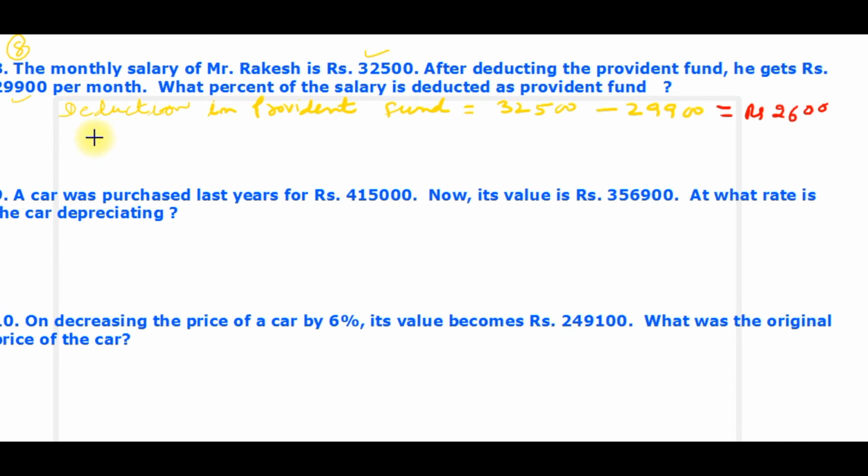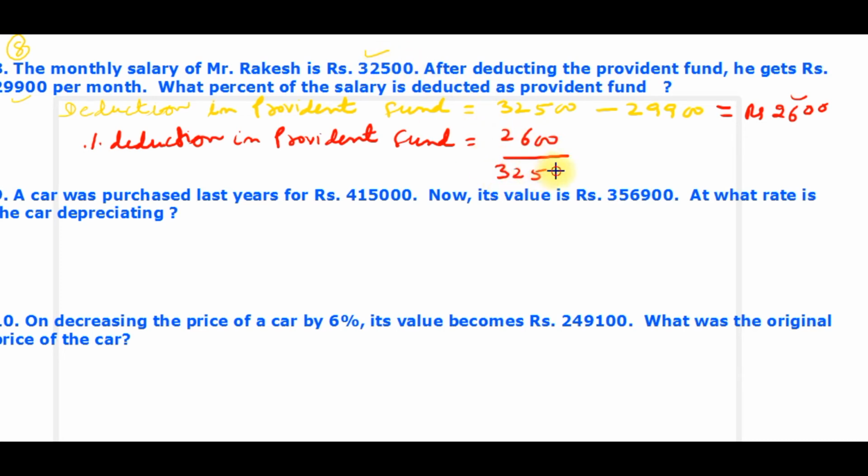Therefore percent deduction in provident fund would be the total deduction upon the salary on which it is made multiplied by 100. The 0s get cancelled. 25 1s are 25, 25 3s are 75, 25 4s are 100, 13 1s are 13.